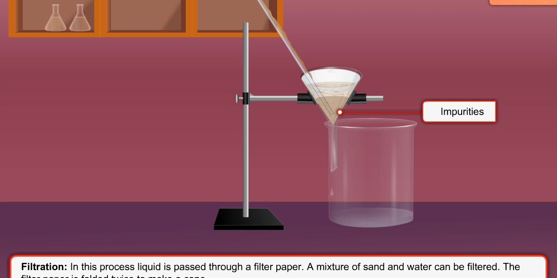The funnel is kept on the conical flask, and impure water containing sand is poured into the funnel. The water seeps through the filter paper and collects in the flask. Impurities like sand are left on the filter paper.